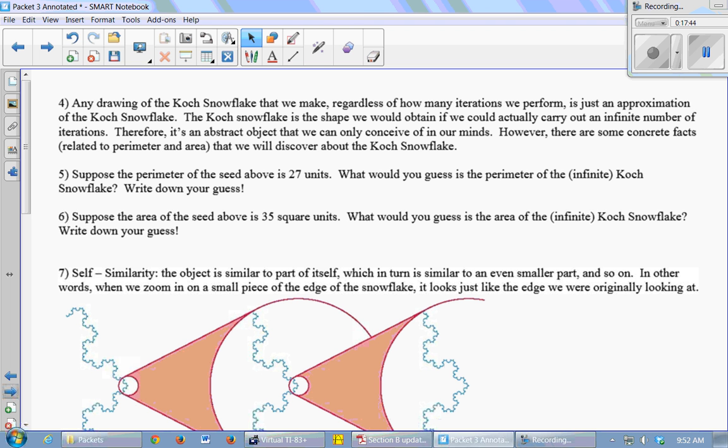We can only conceive of it in our minds, and you can never actually draw it because you would have to be drawing forever, and you can't get to forever, right? However, despite the fact that this thing can't really exist, there are some things that we can know about it, concrete facts that we can know about this abstract object. Okay? Things related to its perimeter and its area.